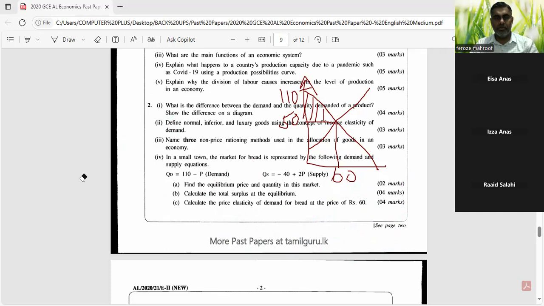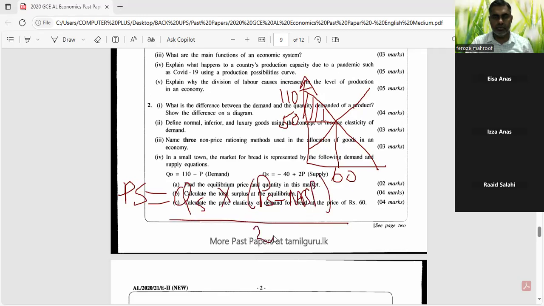Producer surplus is Q into delta P over 2. In producer surplus, Q means QS. Delta P is seller's price minus minimum supply price, over 2.